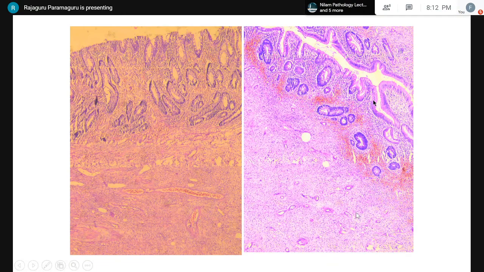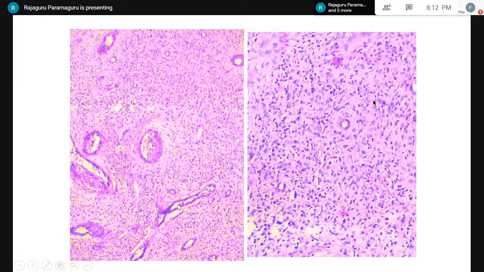Here you see a bland proliferation of oval to spindle shaped cells, with typical onion skinning around the vessels, and you see a lot of eosinophils also.